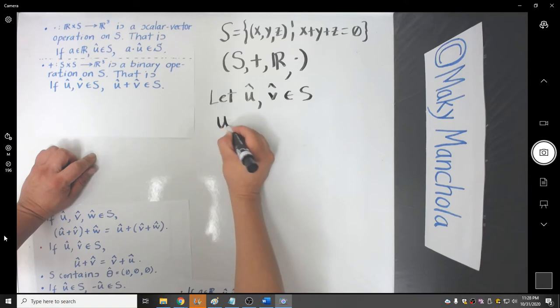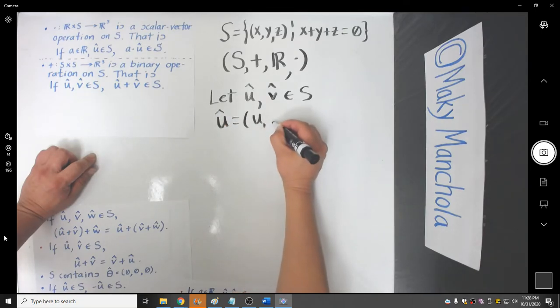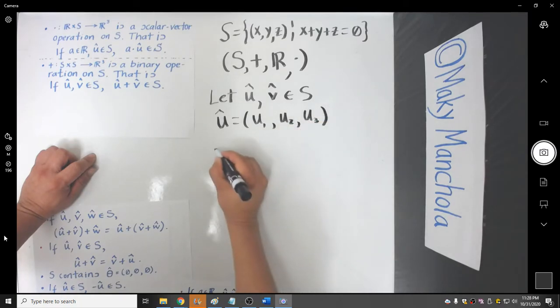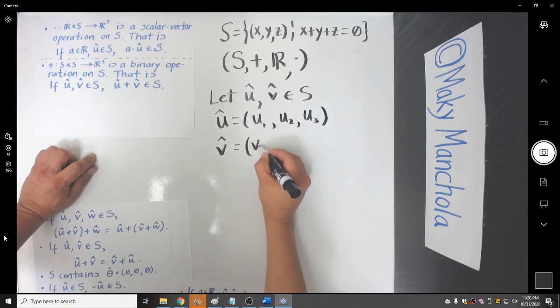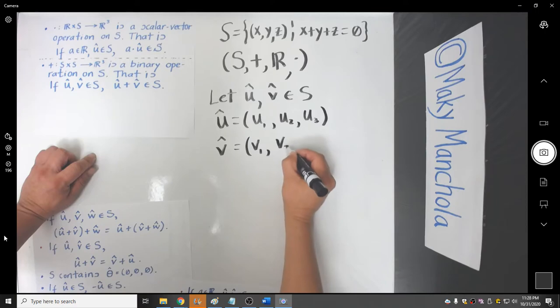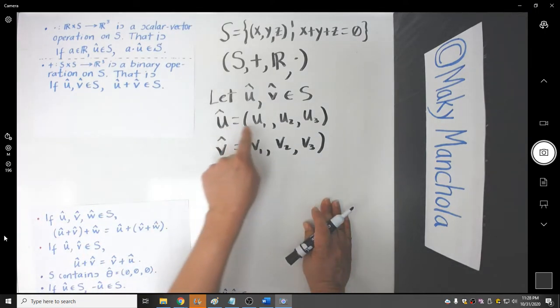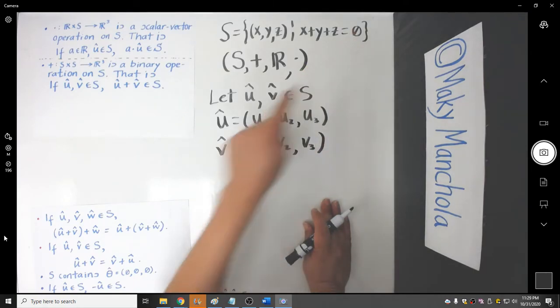If we set U to be U1, U2, U3, and V to be V1, V2, V3, individually, when we add U1 plus U2 plus U3, we get 0.